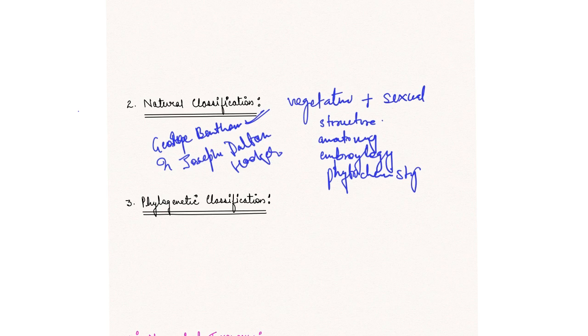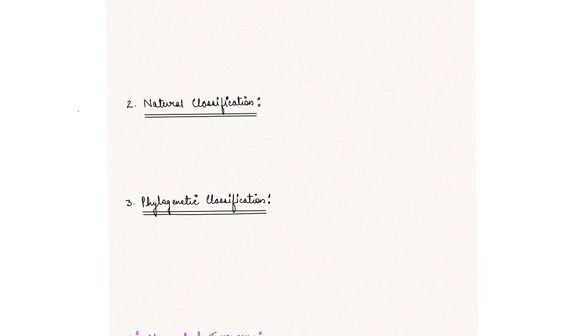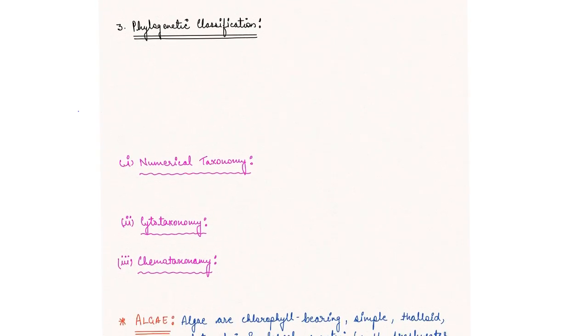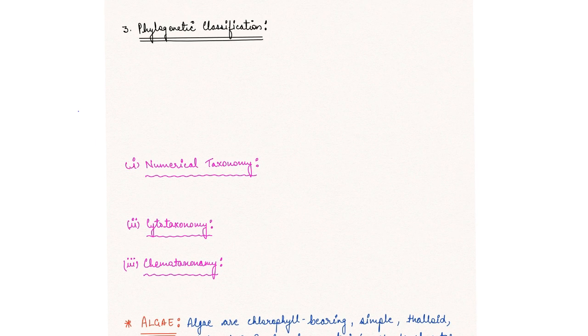And then the third system was introduced, which was phylogenetic classification. So in this type of classification, you divide the species on the basis of phylogeny. What does it mean exactly? You basically compare their evolutionary relationship.